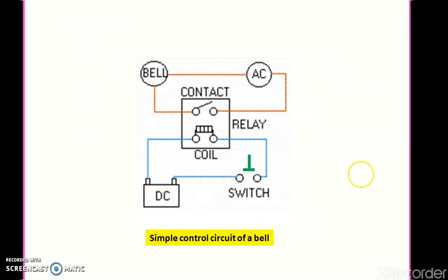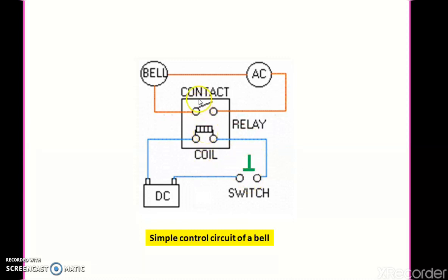Simply, a relay is like this. This is used for starting a bell with a switch. Now the bell is in an AC circuit and this is a DC circuit. When the switch is pressed, the electromagnetic coil will be energized.